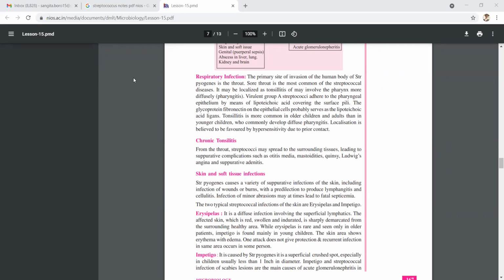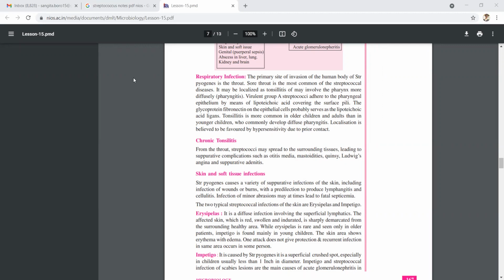Infection of a minor abrasion may at times lead to septicemia. That means you might have just a skin bruise, and if that bacteria has caused an infection there and it is not treated properly, the infection from this minor one may become fatal.